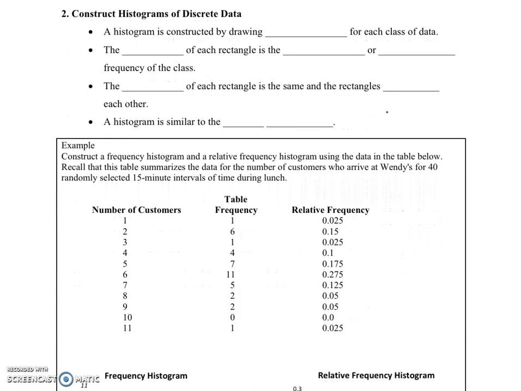So let's talk about histograms of discrete data. A histogram is constructed by drawing rectangles for each data class and the height of each rectangle, just like in a bar graph, is either the frequency or the relative frequency of the class.